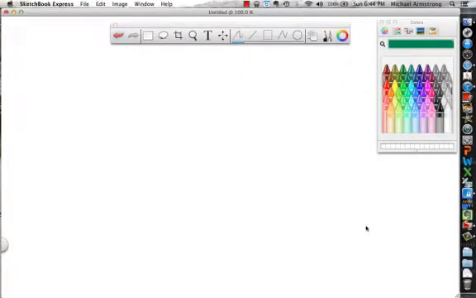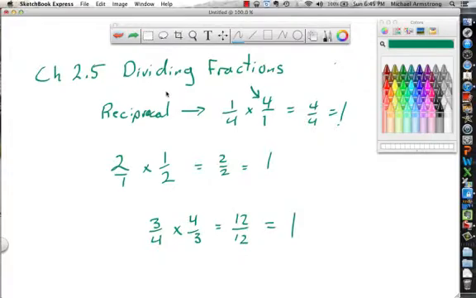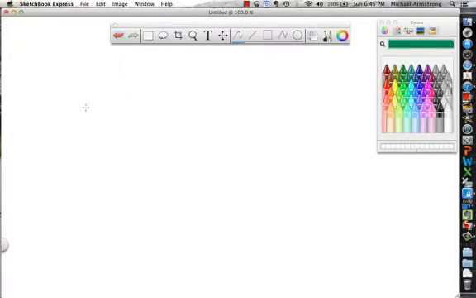Let's get a new page out here. Dividing by fractions. Dividing fractions, you can't really do it. It doesn't work very well. If I have 1/4 divided by 3, it's hard to figure out. Let me actually use a number that we can see the answer of pretty easily.